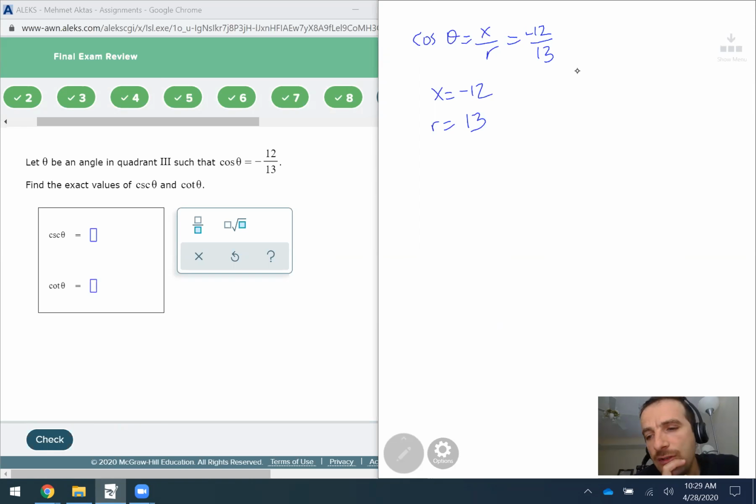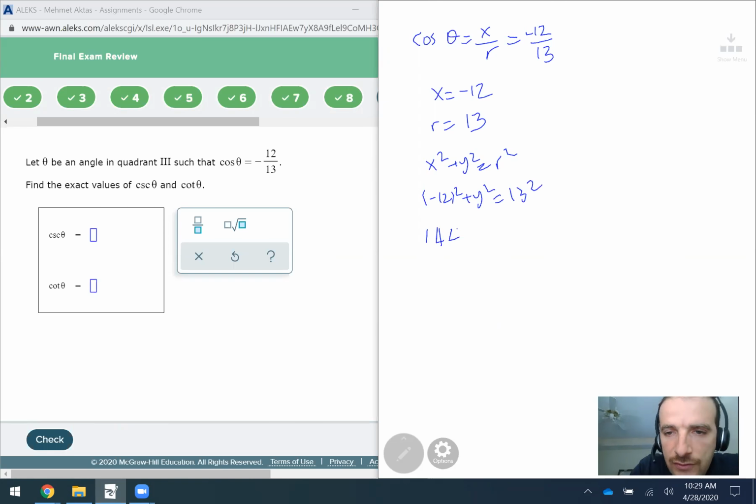Okay, we need to find what y is, okay? So let's find y. X squared plus y squared is equal to r squared. -12 squared plus y squared is equal to 13 squared. -12 squared is 144. 144 plus y squared is equal to 169.